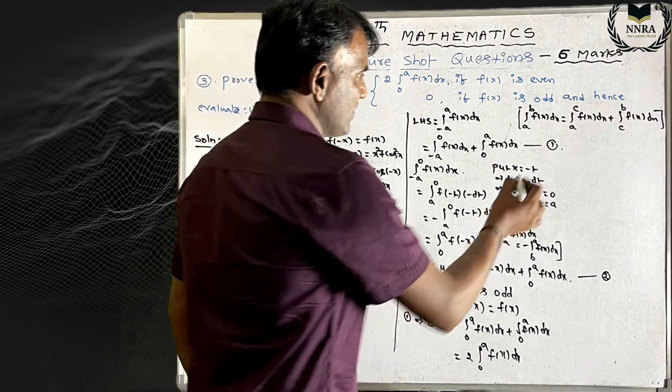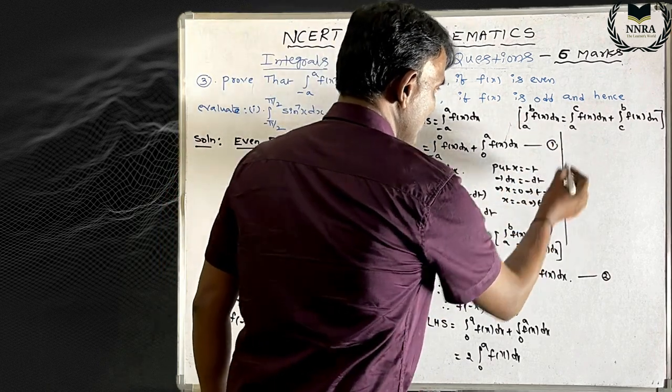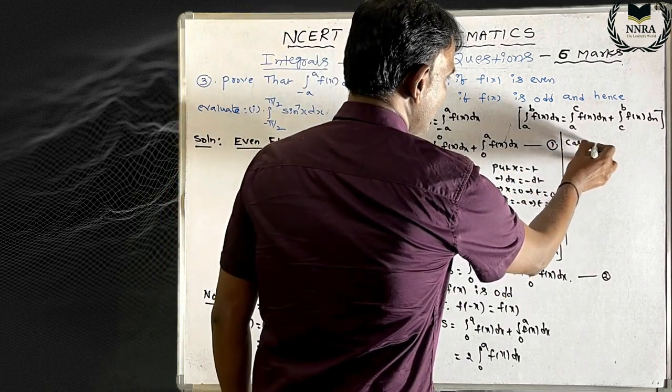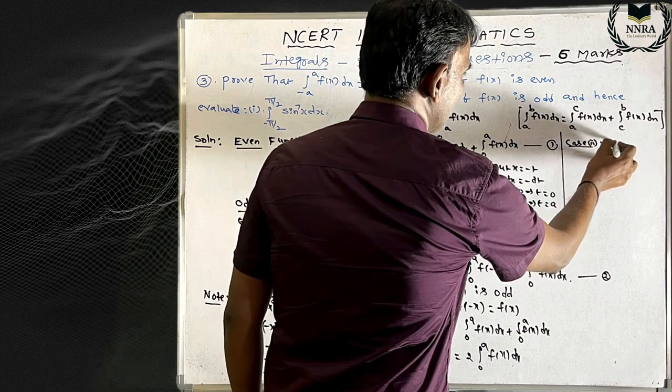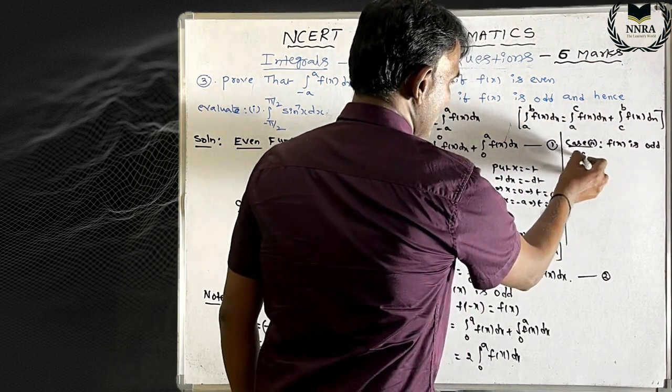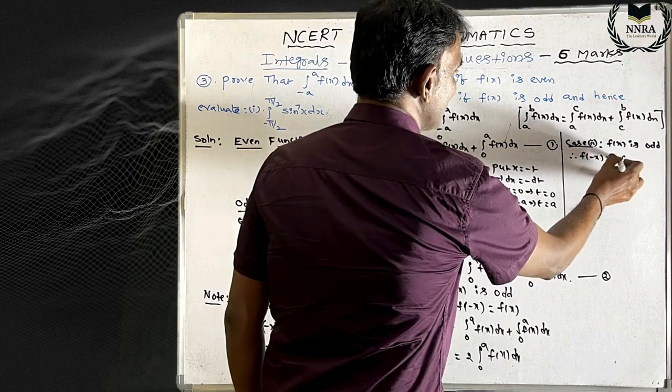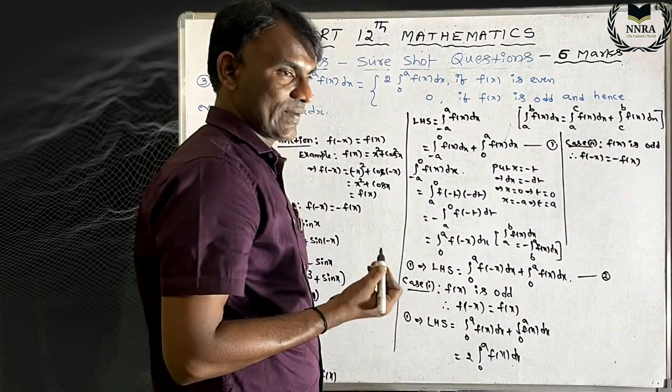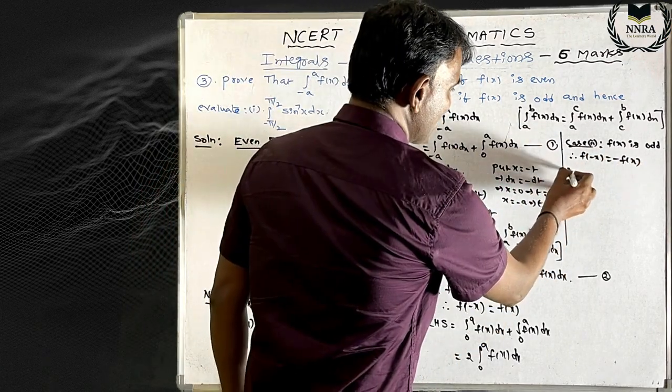Now coming to the second one. Case 2: f of x is an odd function. Therefore, f of minus x equals minus f of x. Again substitute in equation number 2.